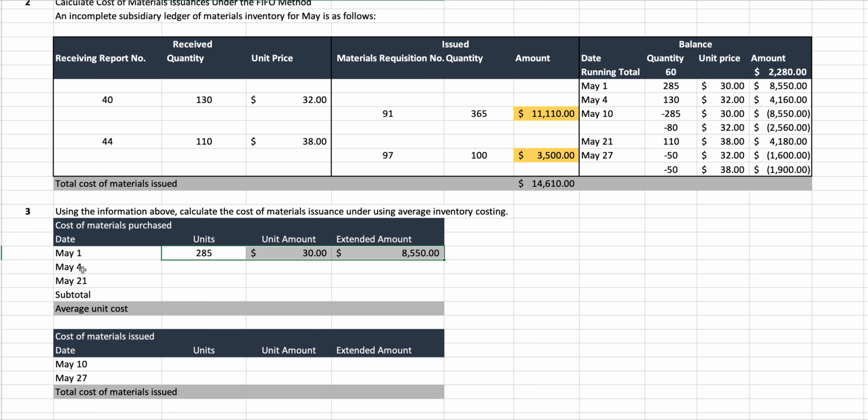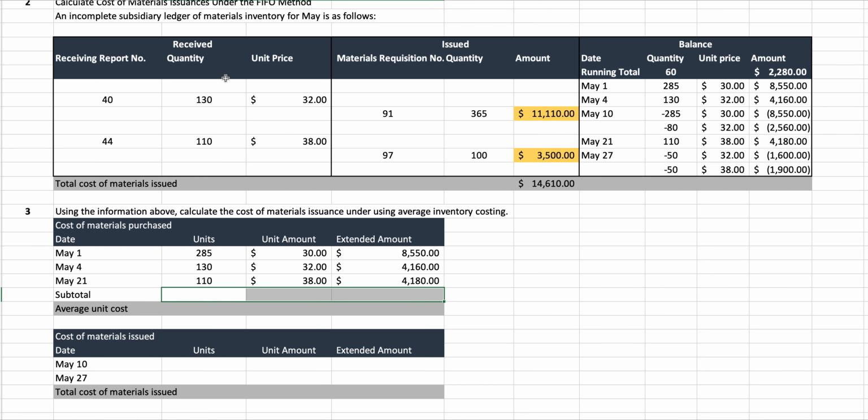On May 4th, we ordered some more units. We ordered 130. The cost was $32, and so we extended that amount, $4,160. And then on May 21st, we ordered some more. We received 110 units at $38 for a total of $4,180.